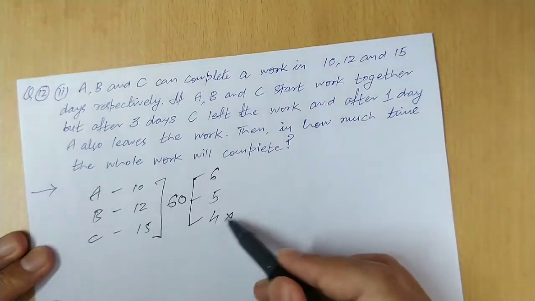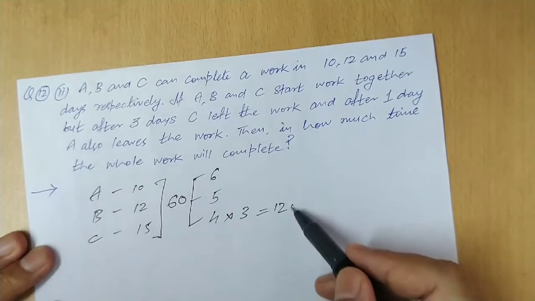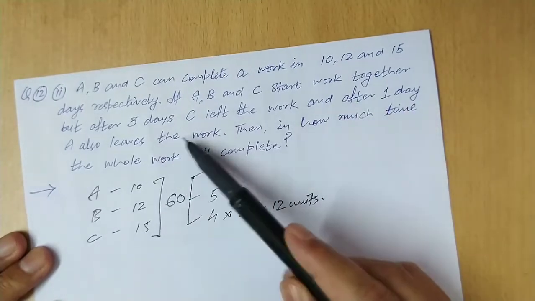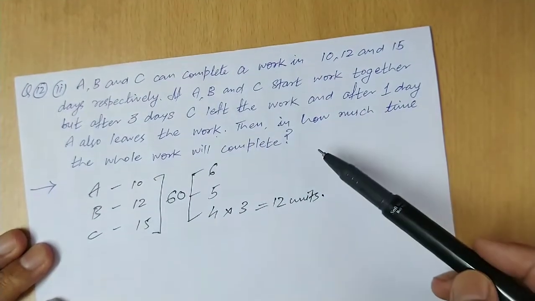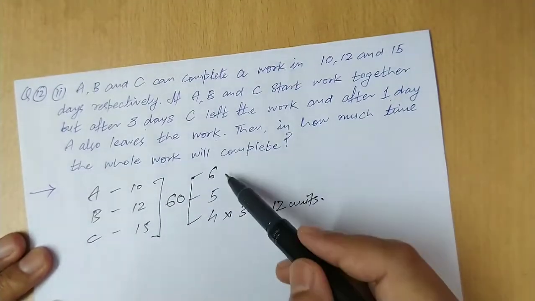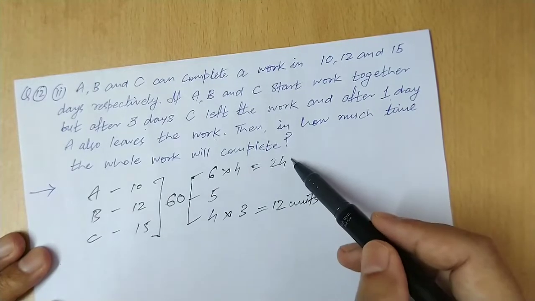So C works for 3 days and C completes 12 units of work. And after 1 day A also leaves the work. So that means A works for 3 days plus 1, that is 4. So in 4 days A is able to complete 24 units of work.